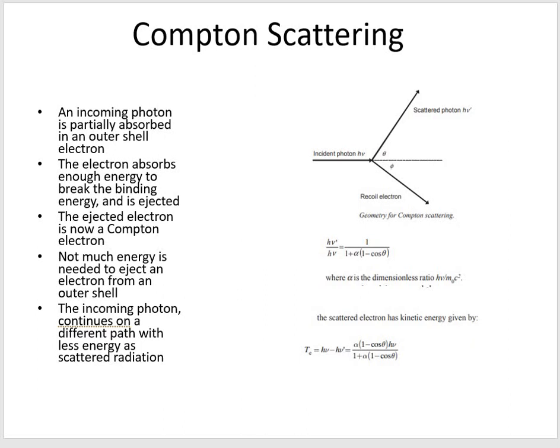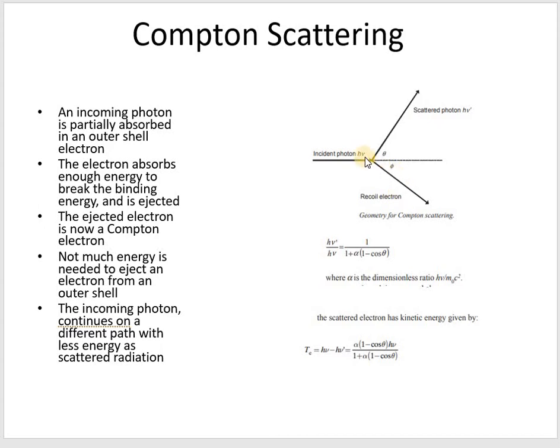In Compton scattering within the diagnostic energy range up to 150 keV, the parameter alpha is normally small, and for that reason the energy transfer to this Compton electron is normally also small.